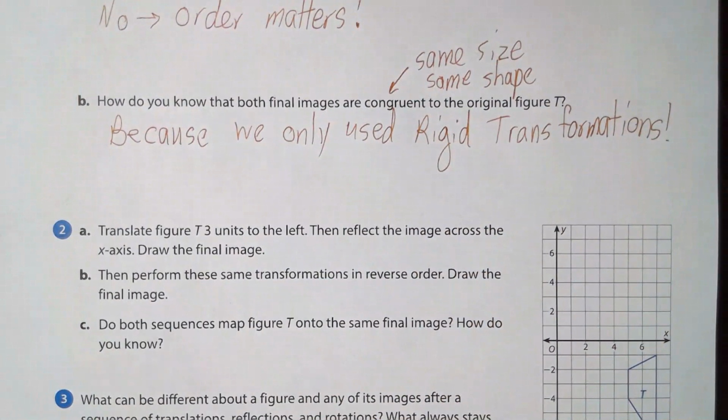Those are both rigid transformations, which means they don't ever change the size or shape. That is our definition of rigid transformations. So we can do as many rigid transformations in a row as we want to. We'll never change the size or shape of the figure.